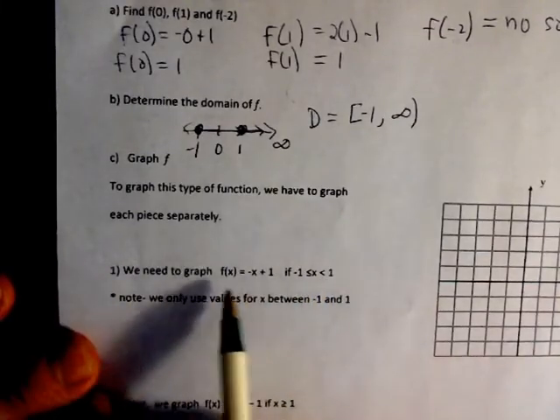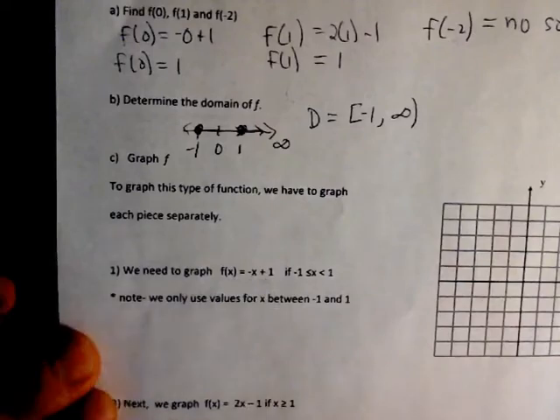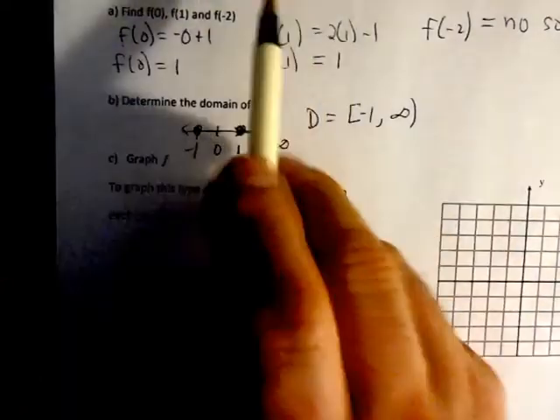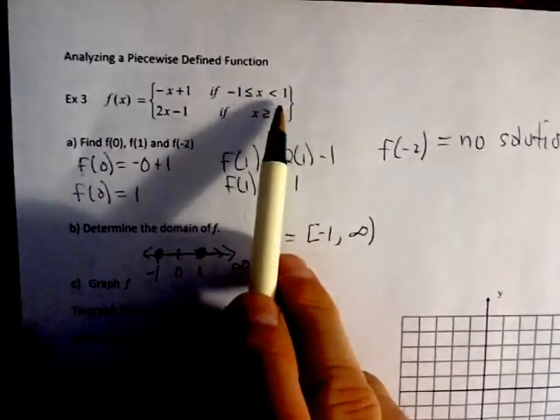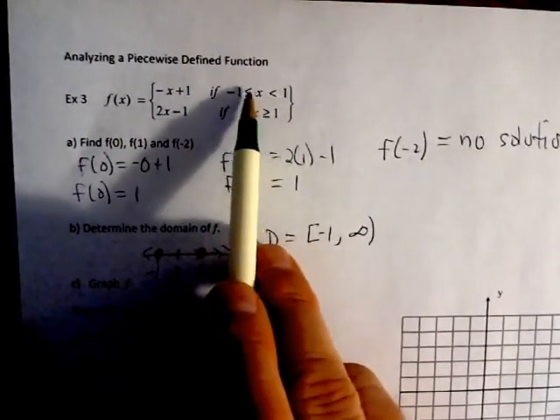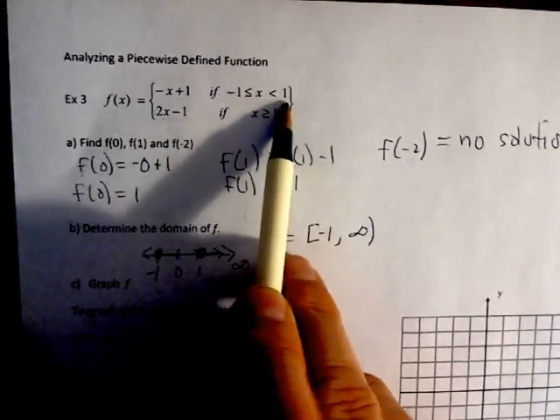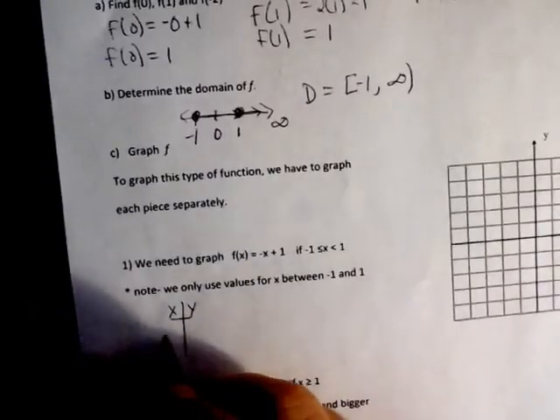Since we're dealing with a piece of a line, I'm going to let the if statements up here dictate what x's to choose. I'm going to choose negative 1 and positive 1 because it's a segment.